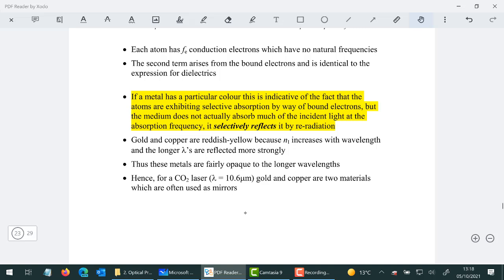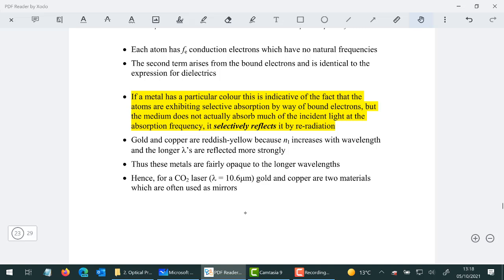The light which passes through is allowed through, and it gives it its colour, and the other colours will be blocked. So if it's a red piece of glass, then the blues and the yellows and the greens will all be blocked. Whereas if it's a red piece of metal, something like copper, then it's because it selectively reflects those wavelengths.